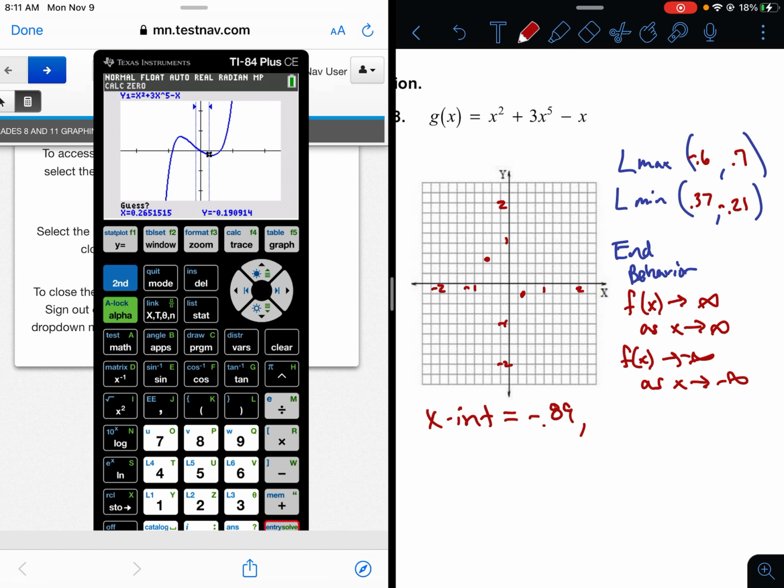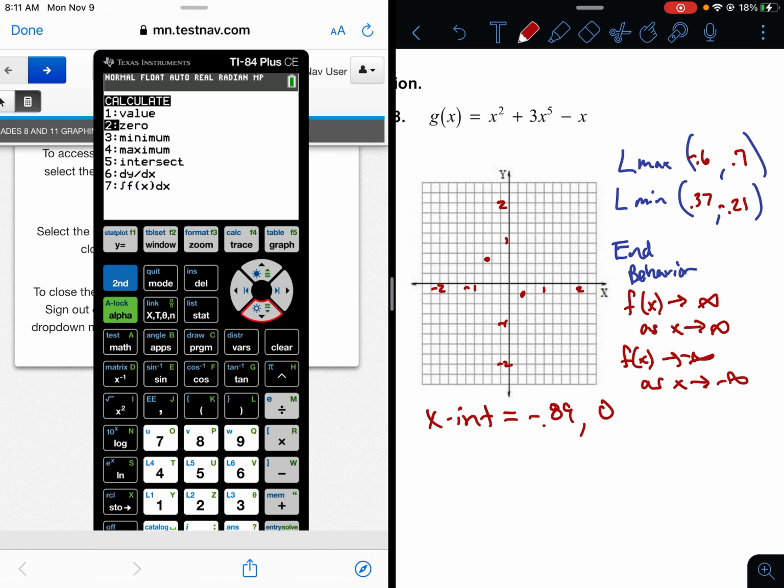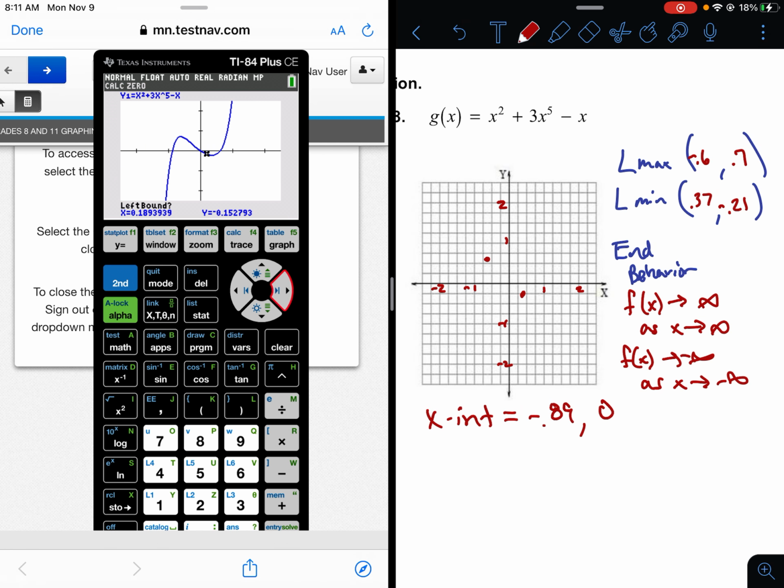Enter. Yep, 0, 0. So the x-intercept is at 0. And then another one over here as it crosses right there. Oh, going fast. So it crosses at 0.6 as well. And so those are my x-intercepts.